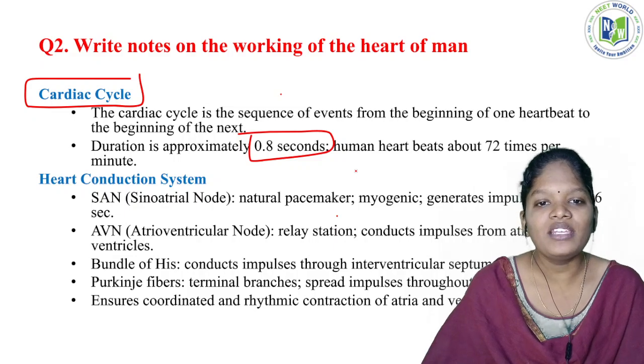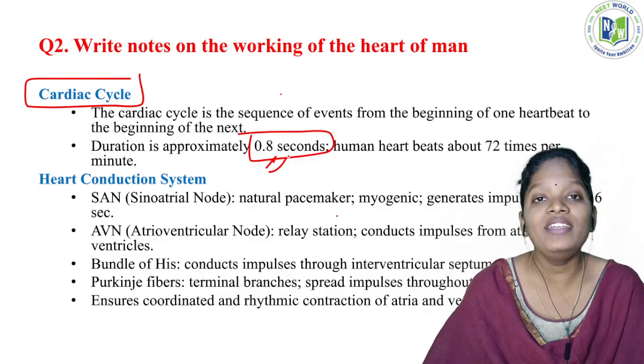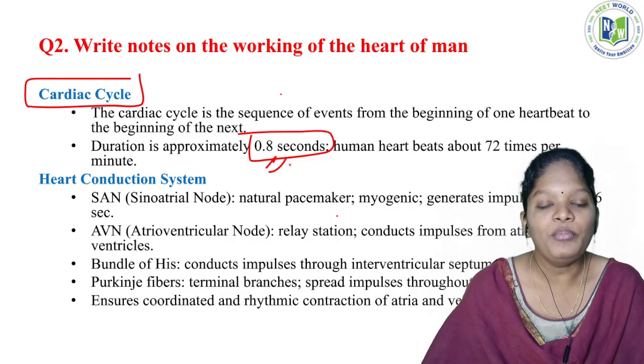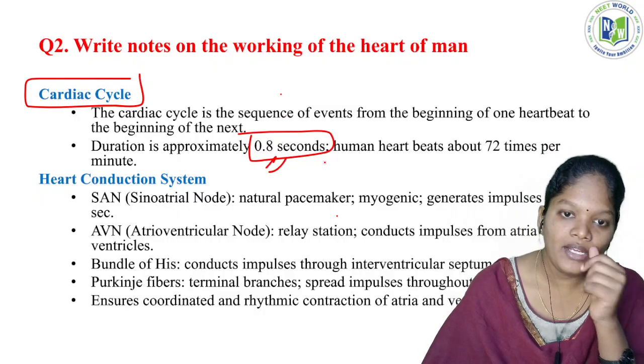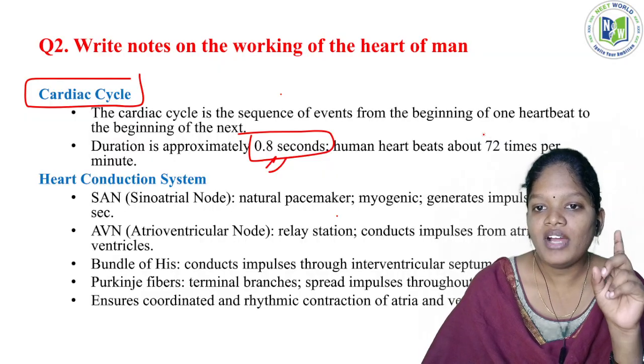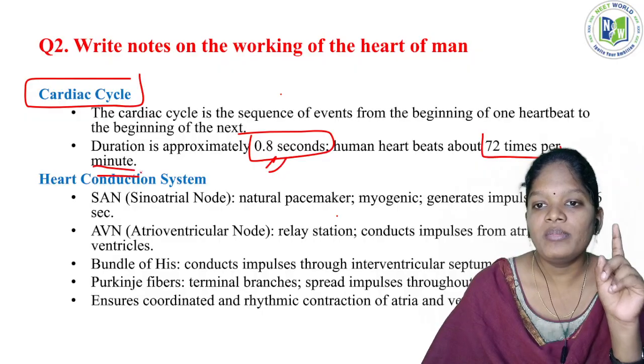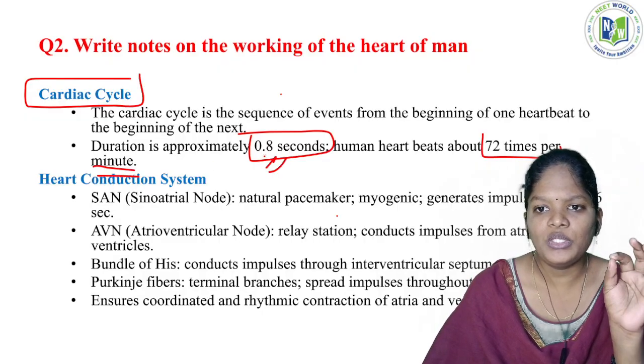Not even 1 second, in 0.8 seconds one cardiac cycle is completed. So in 1 minute, approximately 72 times per minute.